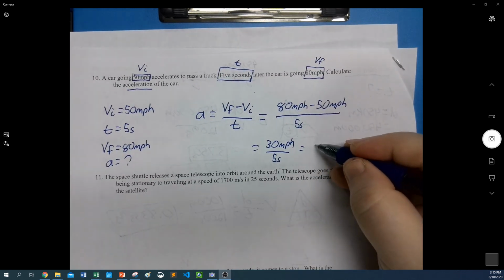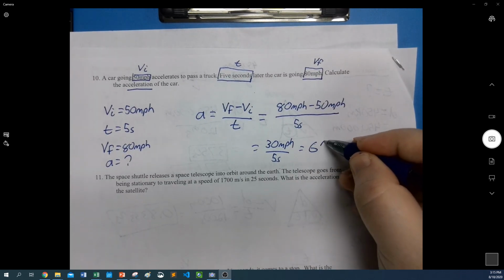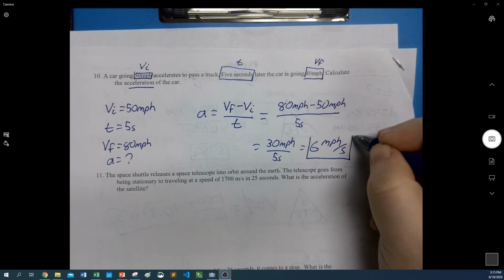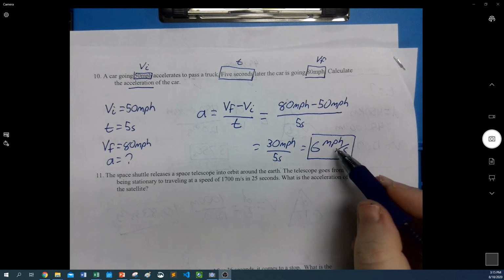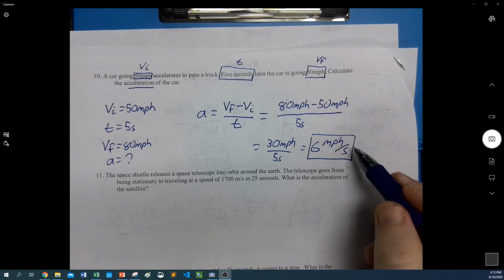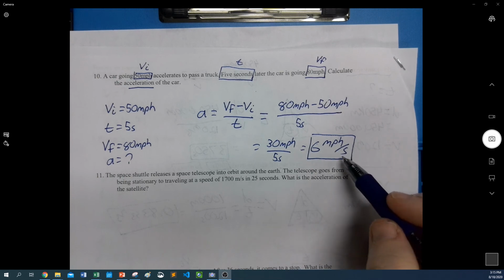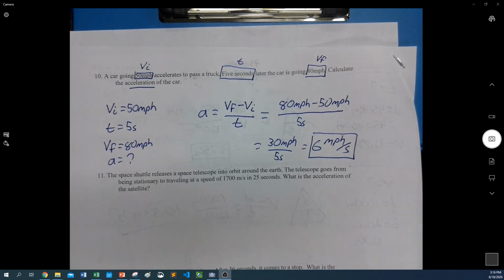That gives us 6 miles per hour per second. Note, if you do not put miles per hour per second, then you get a point taken off. Units are very important.